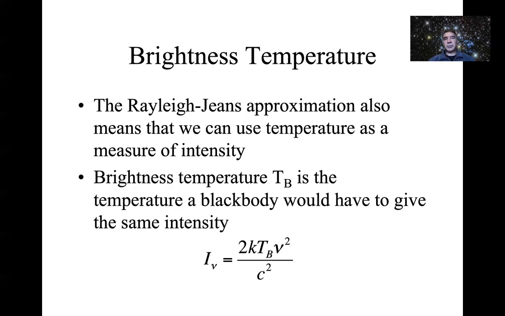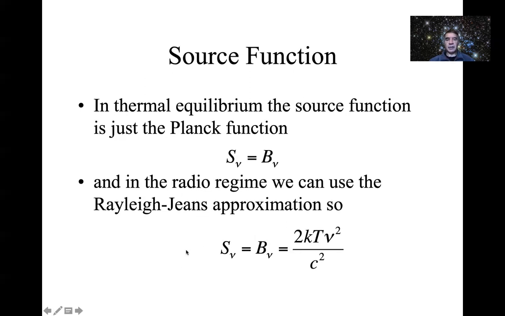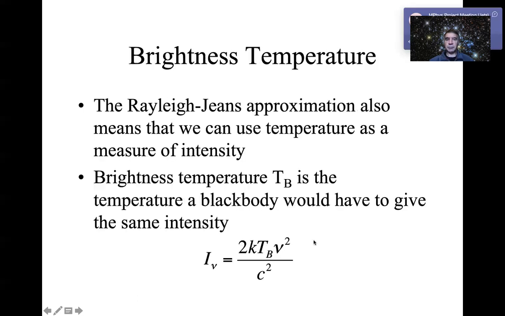So the Rayleigh-Jeans approximation is used a lot in radio astronomy because we're always operating effectively in the Rayleigh-Jeans approximation, because we're always operating at such low frequencies. And you can see from that previous equation, if the intensity is equal to the Planck function, then it effectively is proportional to temperature here, so that the intensity would be proportional to temperature.